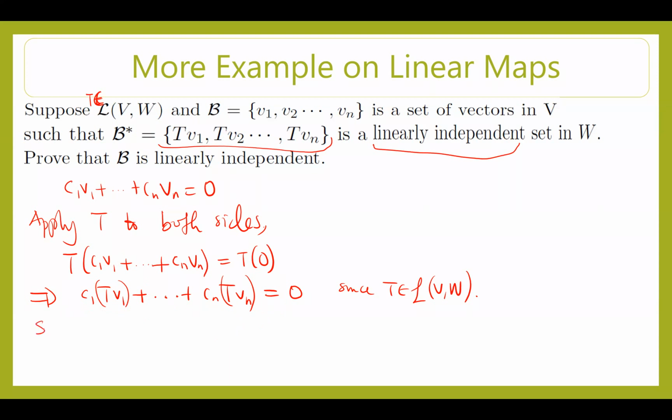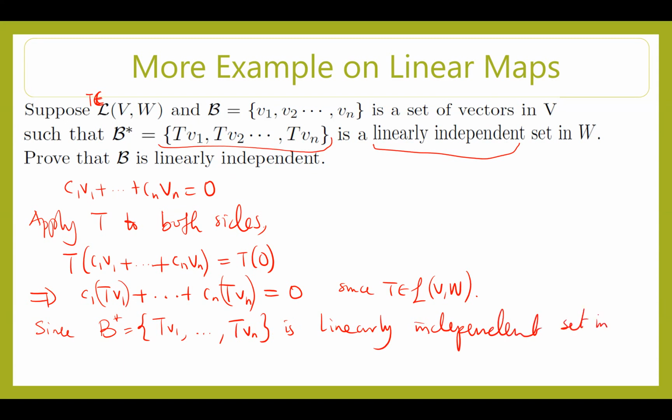So since B star, and it's always good to remind yourself what B star is, is a linearly independent set in W, because T of something makes sense inside W, then C1 to Cn equal 0.